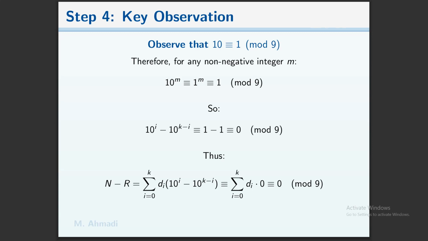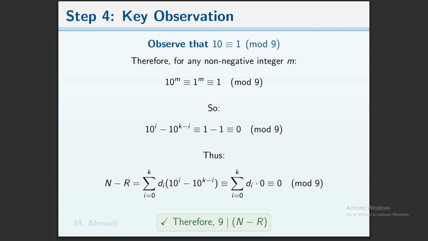Thus, n minus r equals the sum of di times 10 to the i minus 10 to the k minus i, from i equals 0 to k, which is congruent to the sum of di times 0, which is congruent to 0 modulo 9. This means that n minus r is divisible by 9, or 9 divides n minus r.